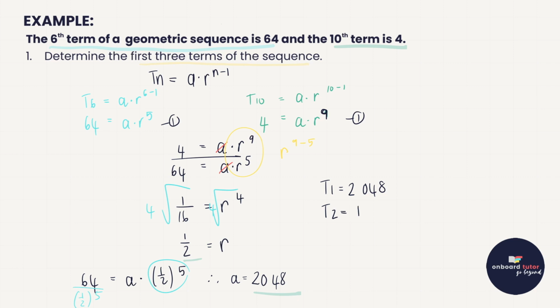And that will give me 1024. And finally, term 3, I will take 1024 multiplied by a half to give me 512. And there we have the first 3 terms of the geometric sequence.